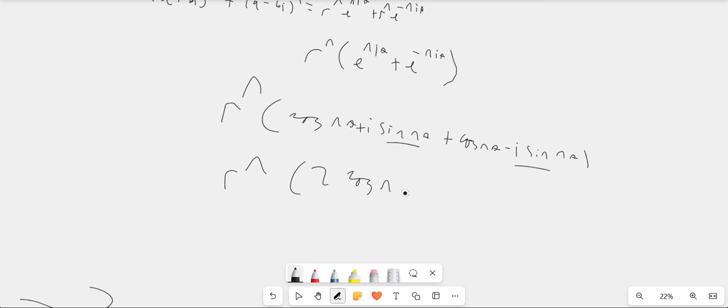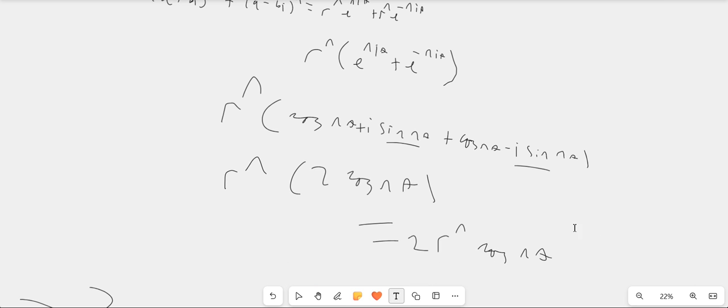So that equals 2 r to the n cos n theta, which is real, because the imaginary component has gone. So that's it, that's the end of the exercise. Easy.